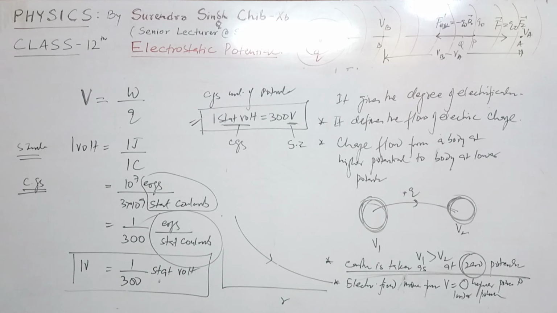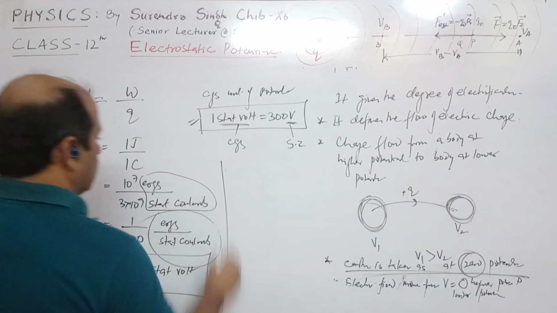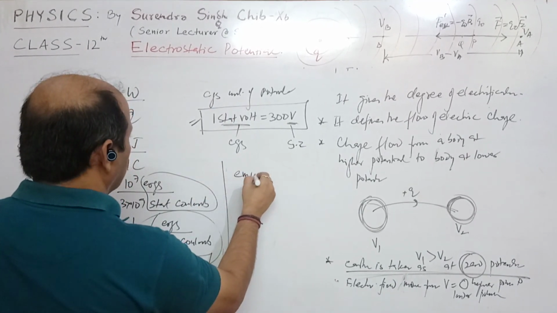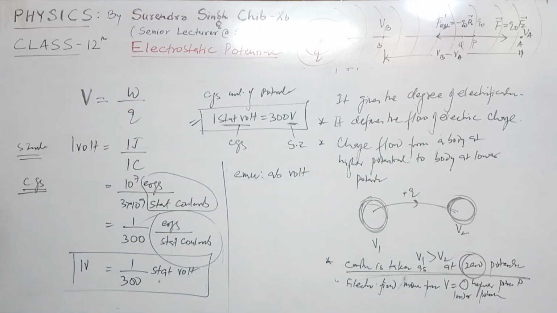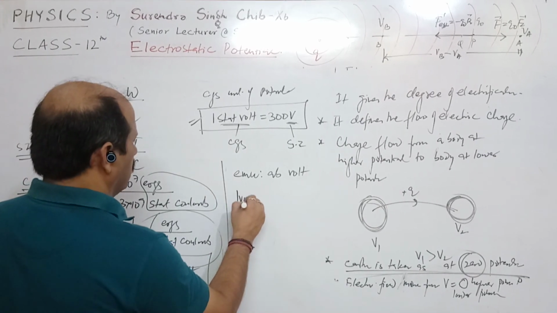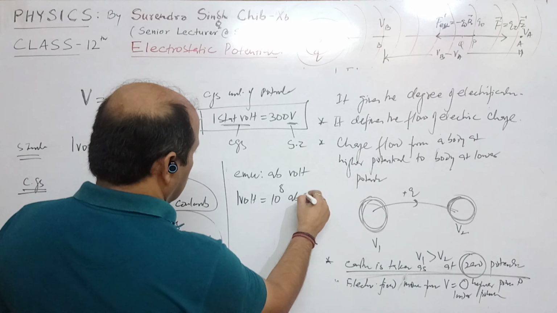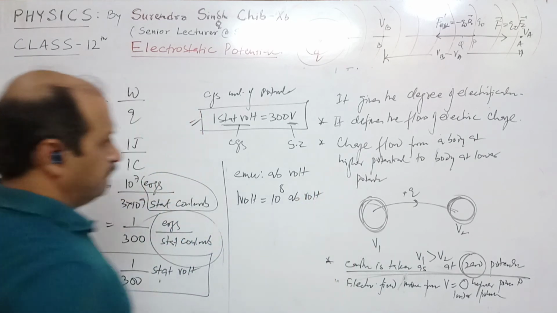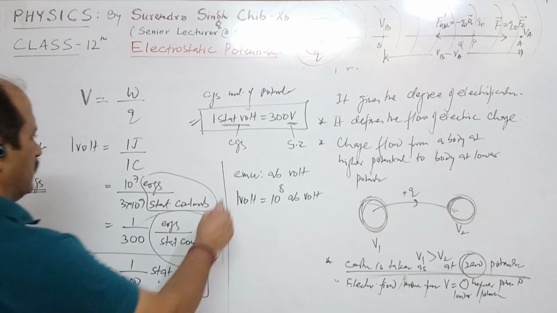और इसके अलावा we have electromagnetic unit also. Electromagnetic unit इसको हम कहते हैं ab volt. Electromagnetic unit को क्या कहते हैं हम? Ab volt. And what is that? मैं अभी सीधा ही कर रहा हूँ. 1 volt is equals to 10 raised to power 8 ab volt. तो आप इसे याद कर लो डायरेक्ट.